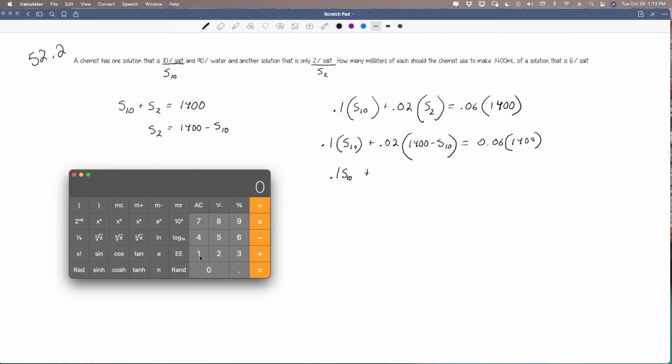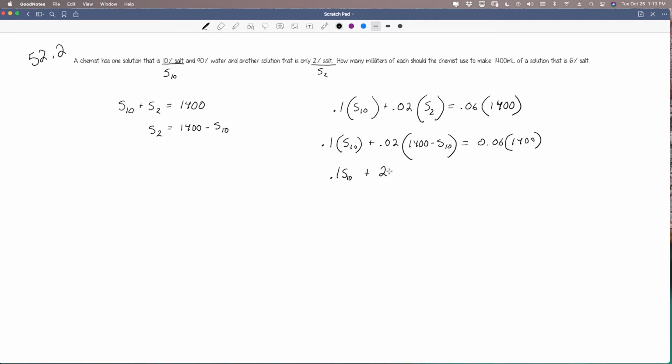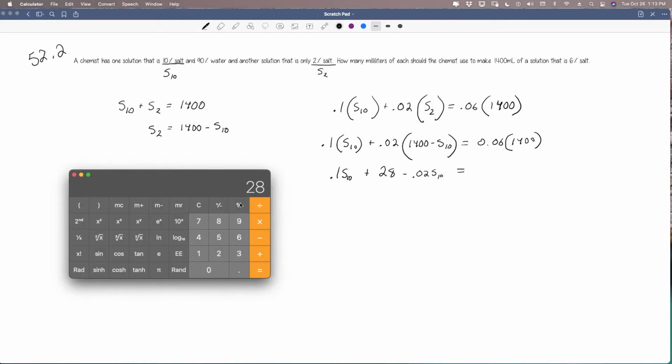So 1400 times 0.02 equals 28. All right, so 28 minus 0.02 S10, right? Equals, and let's do again, 0.06 times 1400 equals 84.